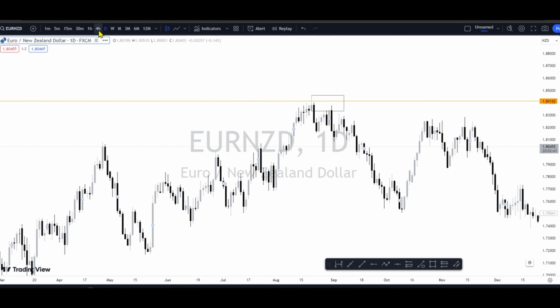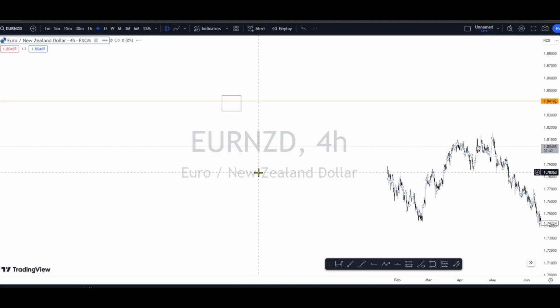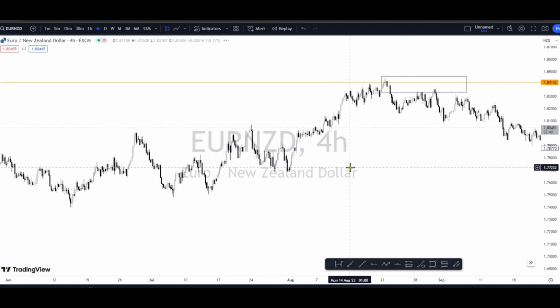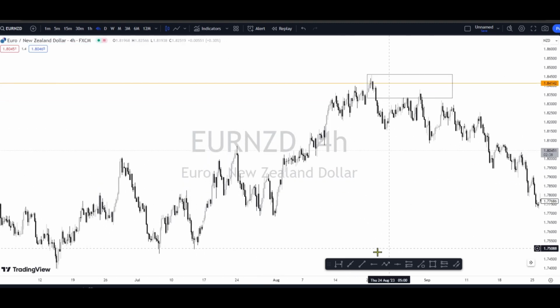Okay, so if I go to 4 hour, you see that there's a QM there. You have a QM, you have RSS, all those things there. This QM held, even though it meets all the confirmations of a QM, but it is because this QM was created by price rejecting a weekly level.